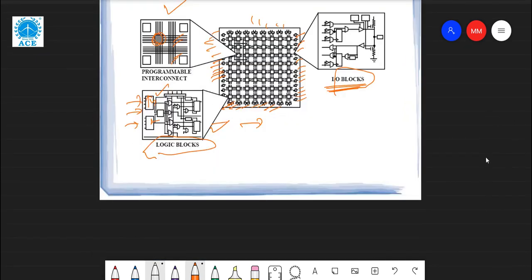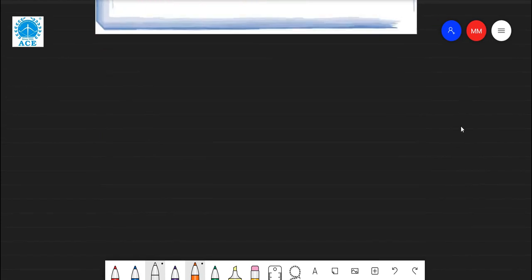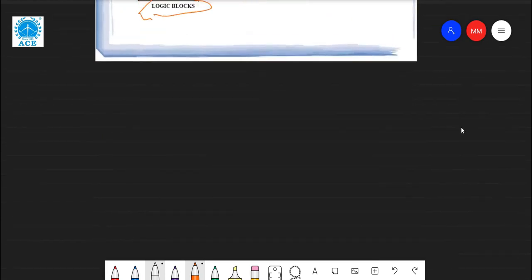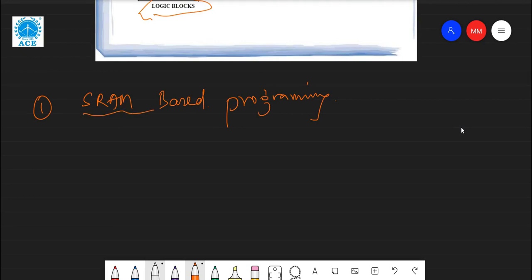Now we'll see the first technique or method, SRAM based programming.